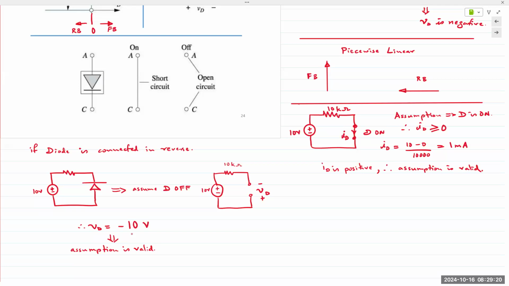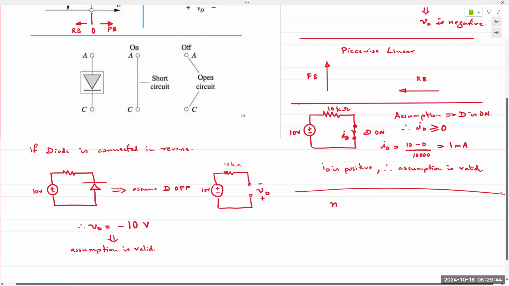Repeat analysis. This is, of course, a straightforward circuit, only one diode, but you have circuits with multiple diodes. So that quickly raises the number of possible states. It's like binary math. If you have n number of diodes, each diode has two possible states.